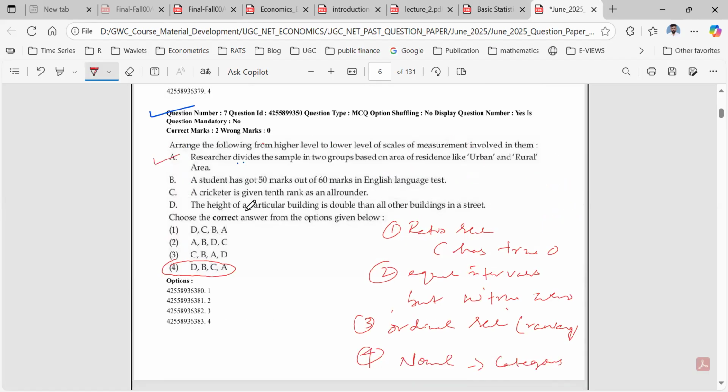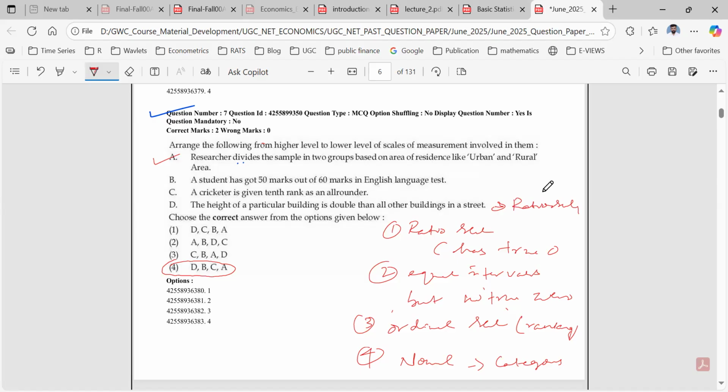Can you just tell me D is which scale? The height of a particular building is double than... Ratio scale, sir. Why is it ratio scale? Because first of all, it is comparing two values. Height of building is double, it is saying, right? And also it is meaningfully comparing the ratio, because we had discussed there are three properties.